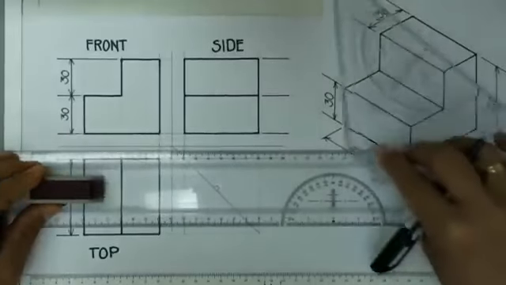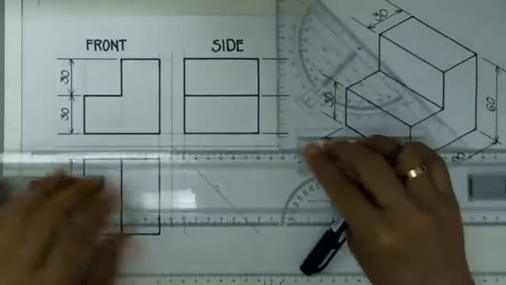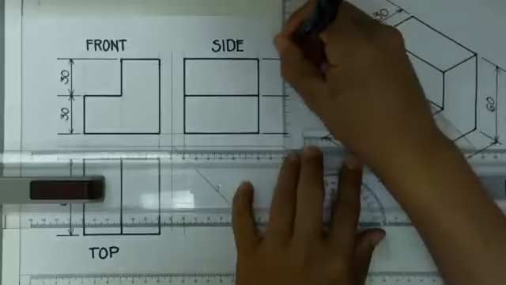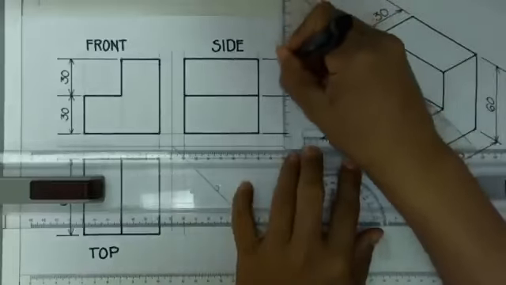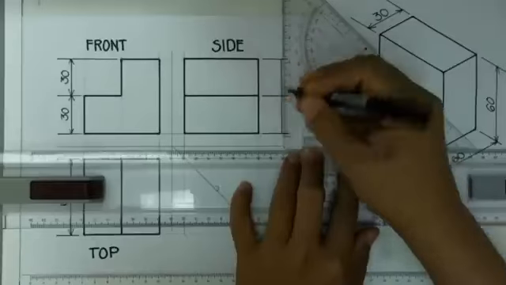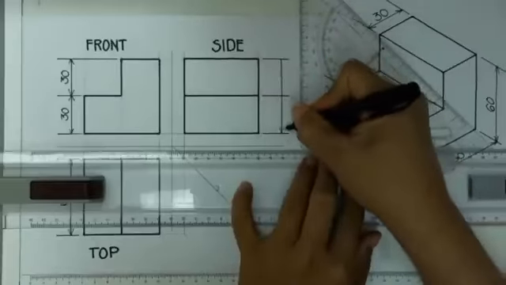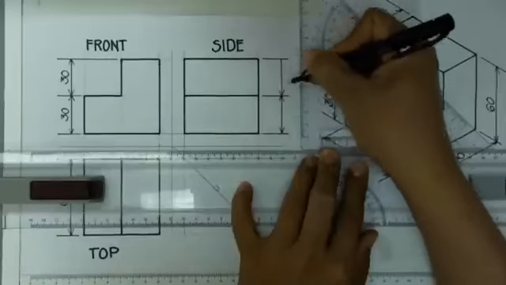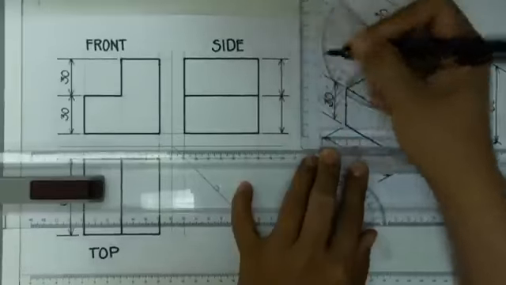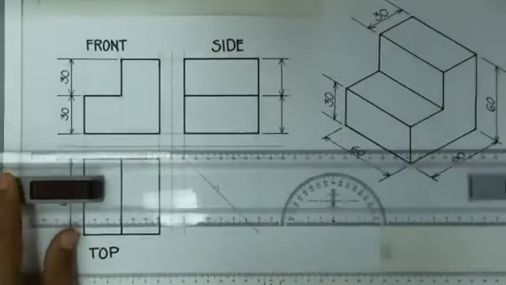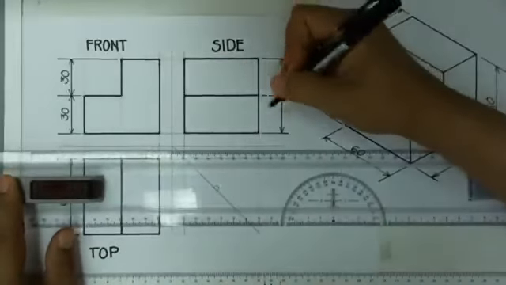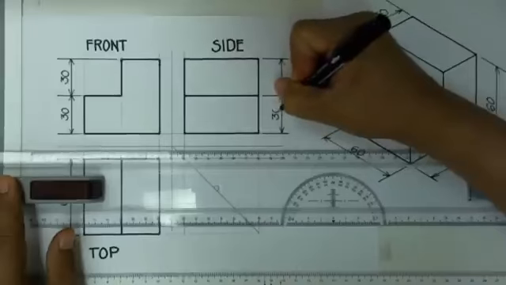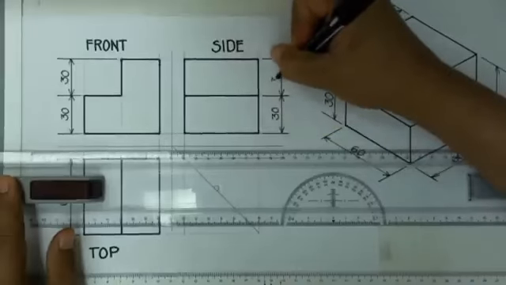And then again, let's put the dimension lines. Arrowheads. And of course, our dimension. This is 30. And this is 30.